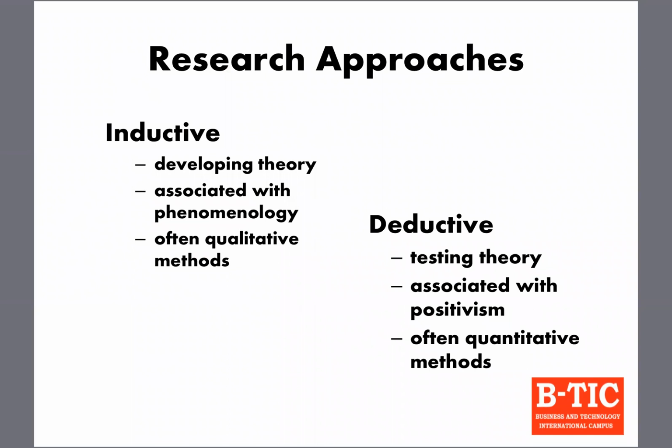The inductive approach is about developing a new theory, and it is associated with phenomenology. We talked about this philosophy last class as well, and it often uses qualitative methods. The deductive approach is about testing an existing theory, associated with positivism and often quantitative methods. That's the summary of tonight's lecture.